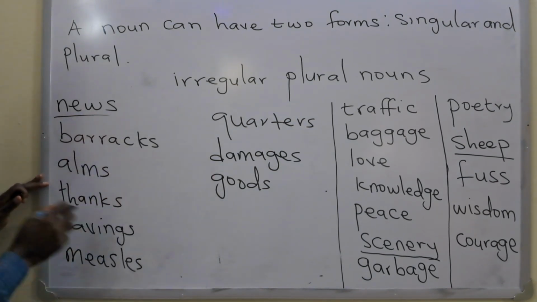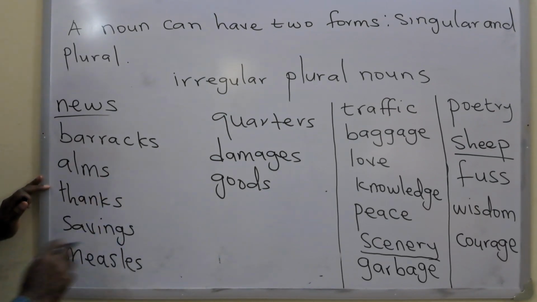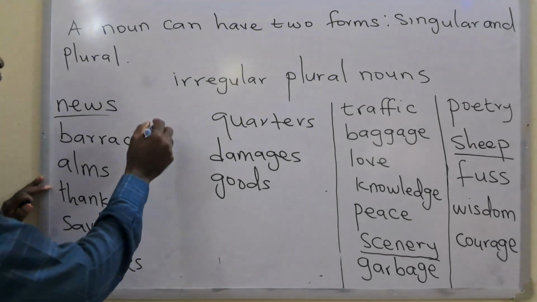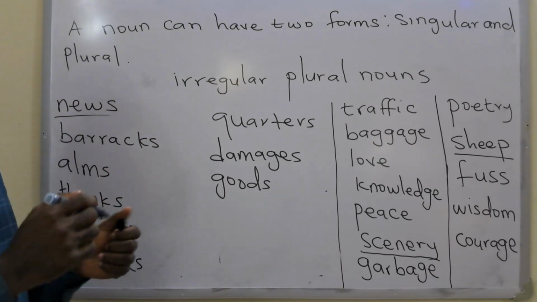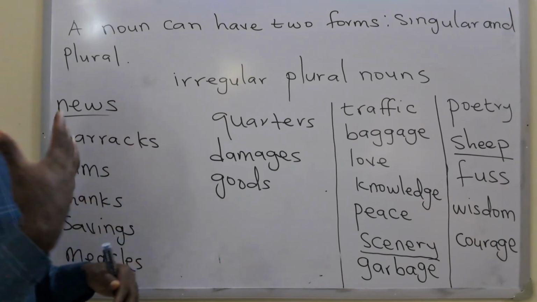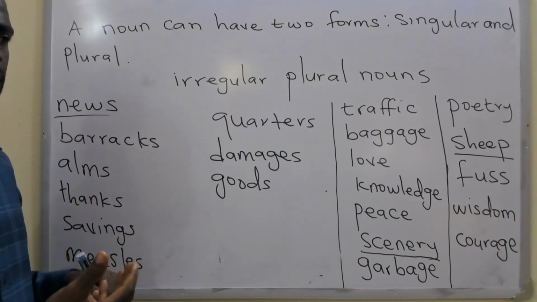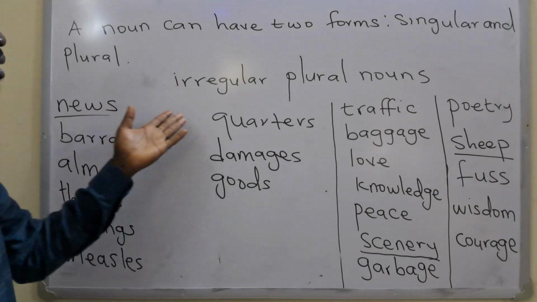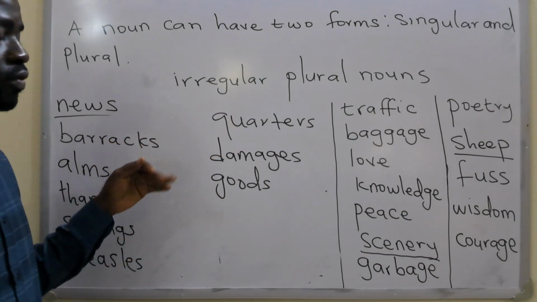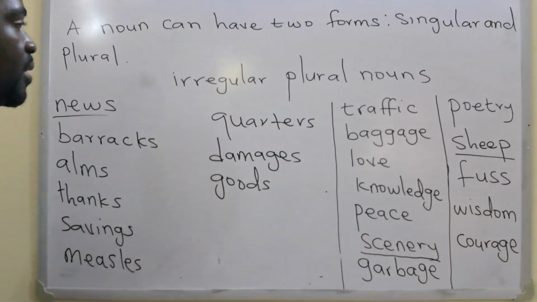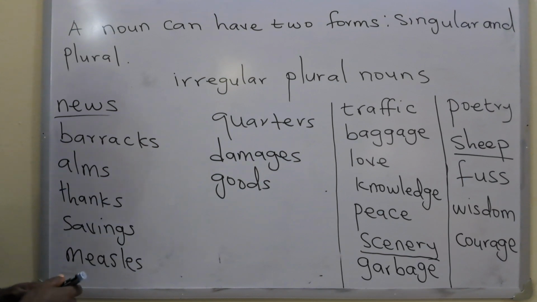News, barracks, arms, thanks, savings, measles, quarters or headquarters, especially when you use it as the central administrative area of an organization or institution. So you have headquarters of a company. Quarters, it could also be a residential place. Quarters, damages, goods, measles, and so on and so forth.